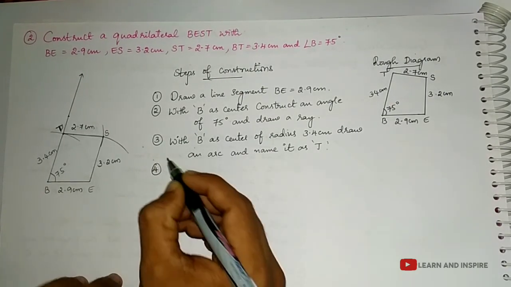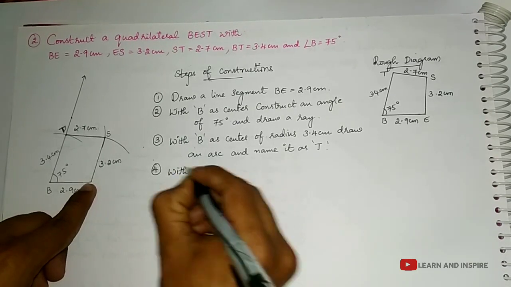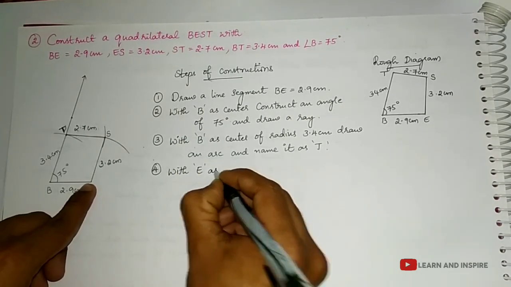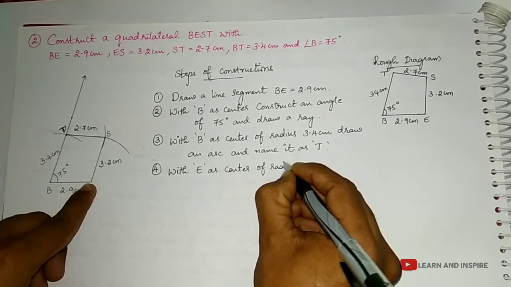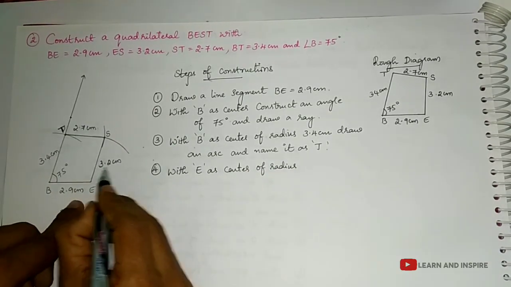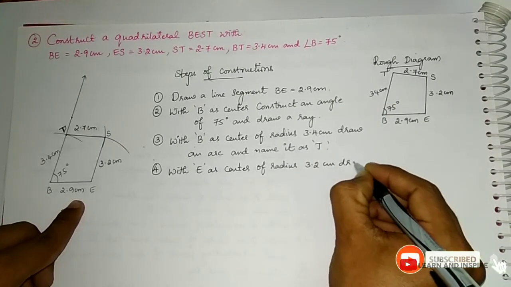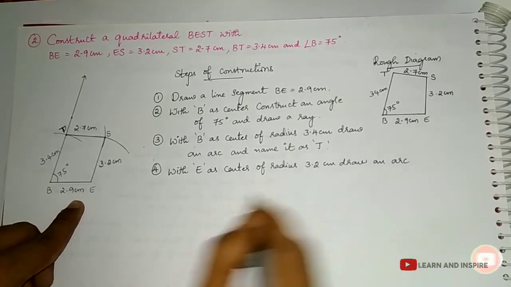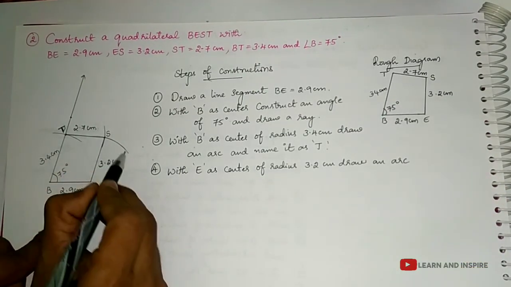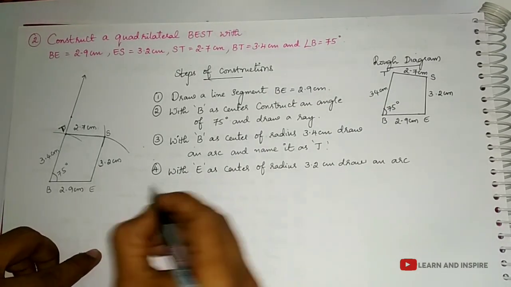Step 4, with E as center of radius, how many centimeters? 3.2 centimeters. Draw an arc. So this is an arc of radius 3.2 centimeters. Okay, this is step 4.